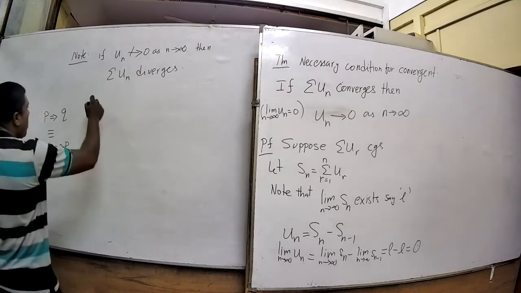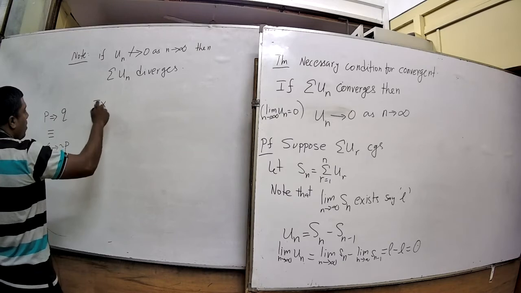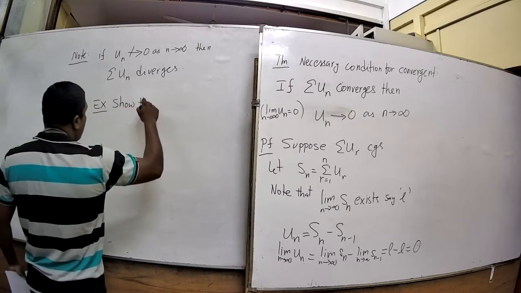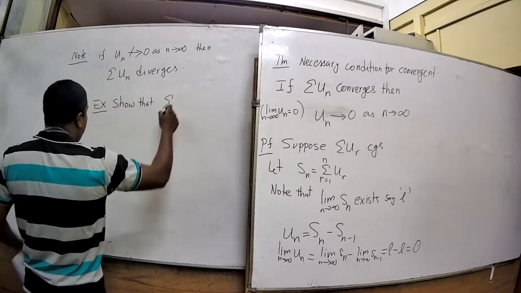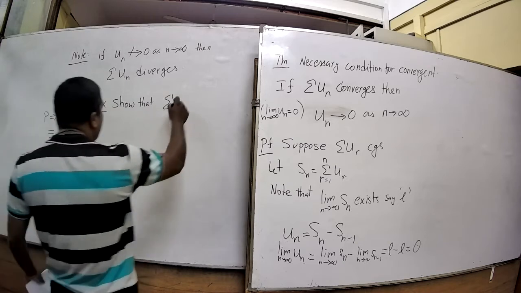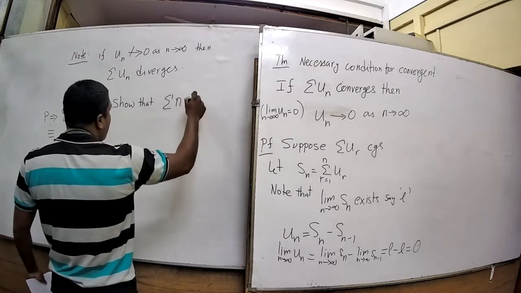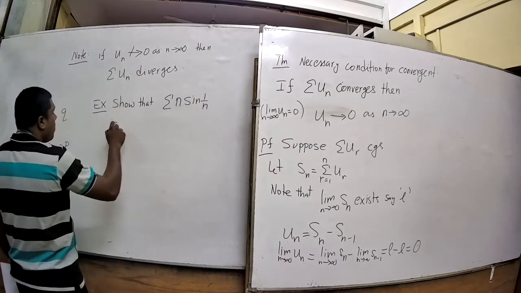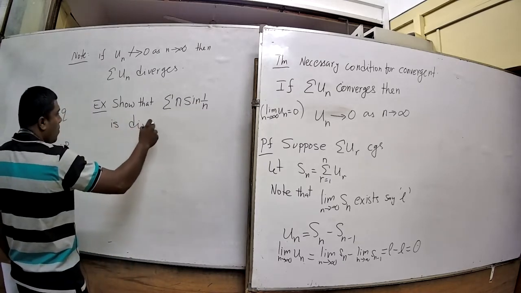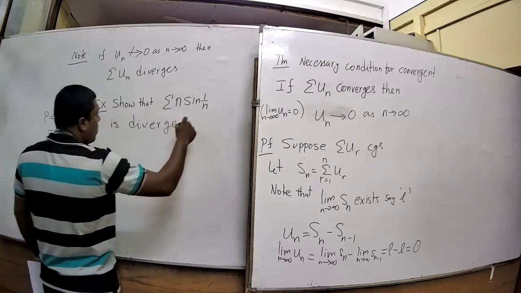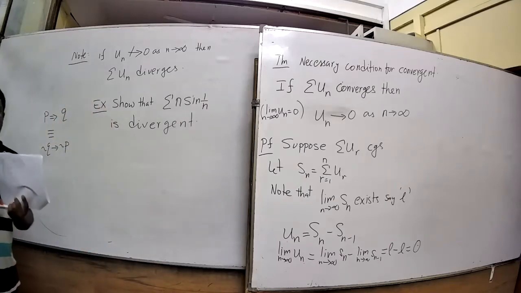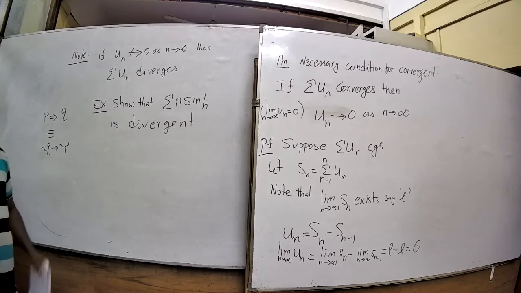So let me show you this. Let us show that the series summation of n sine 1 upon n is divergent.